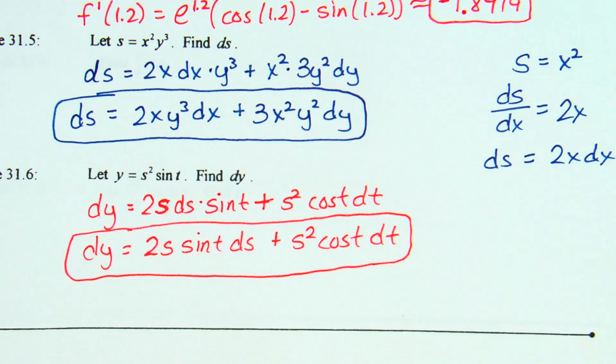That does look a little confusing with 2s sine t ds, but you can throw in some multiplication dots, you can throw in some parentheses, or you could leave it. Okay, and that's it for 31.